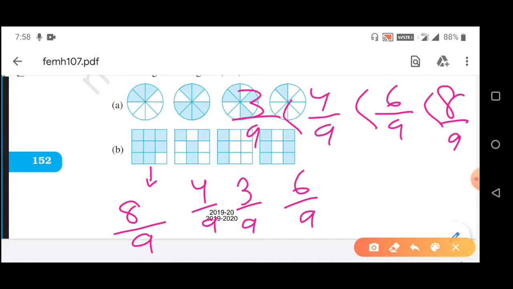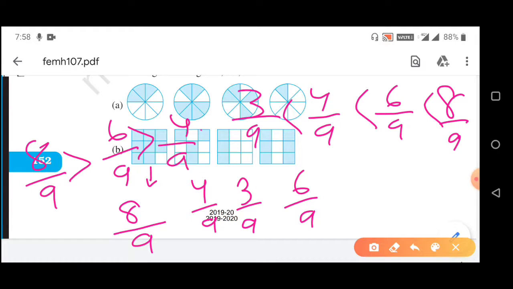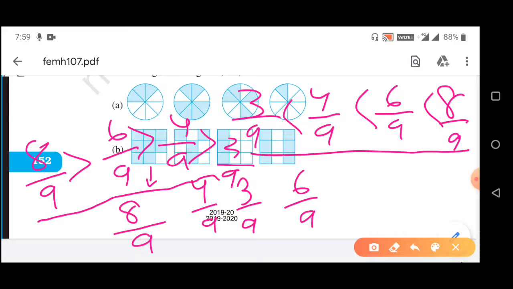And the descending order will be 8 by 9 is greater than 6 by 9 is greater than 4 by 9 is greater than 3 by 9. So this is the ascending order and this is the descending order.